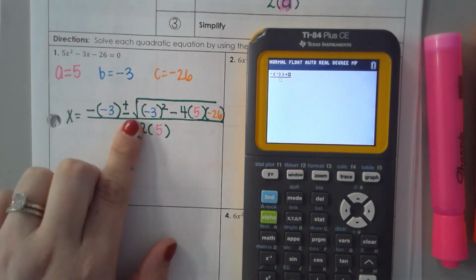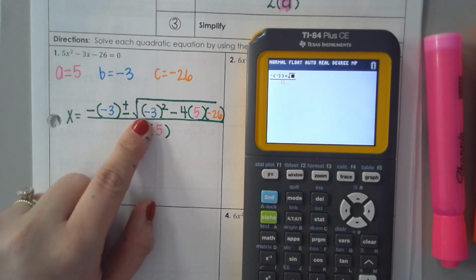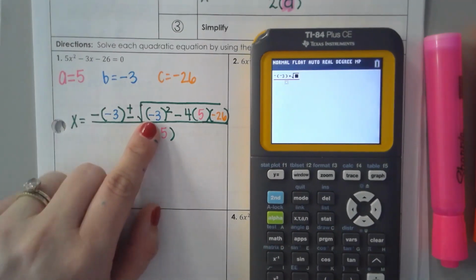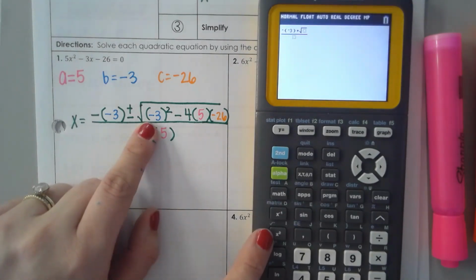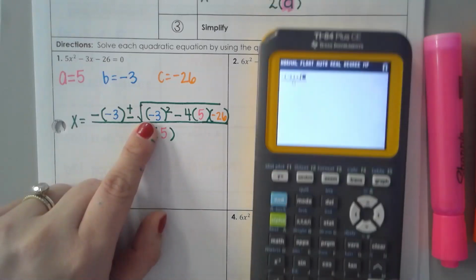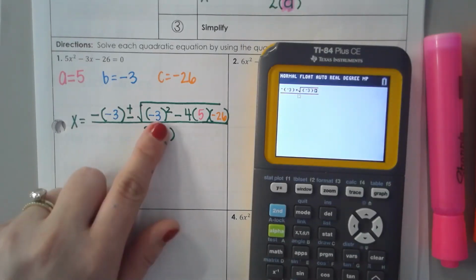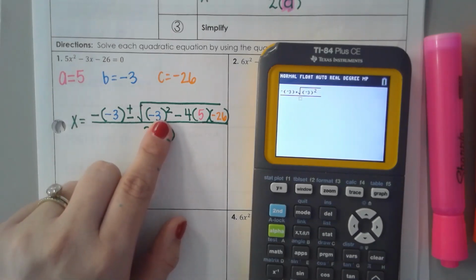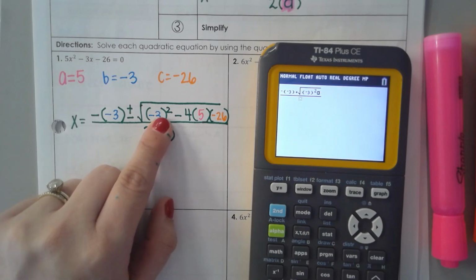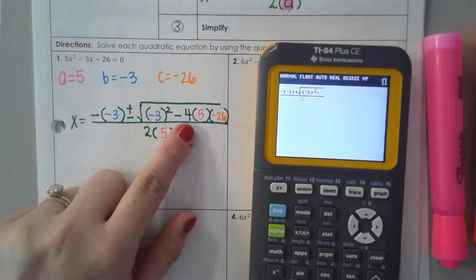So I'm going to do a plus square root. Square root is second, and then you hit the x squared button. Notice it has a square root symbol above it in blue. And then in parentheses, I'm going to put negative 3 with a squared. That squared is always outside of those parentheses. Minus 4.